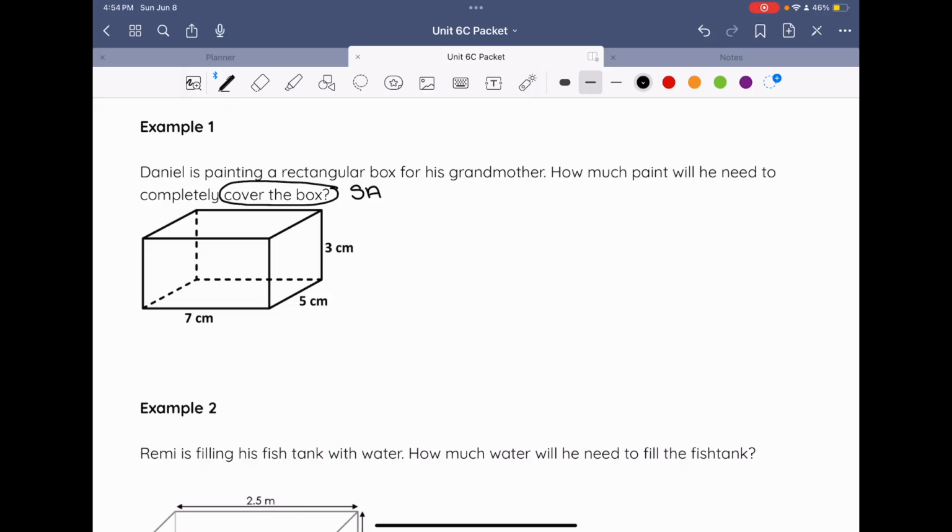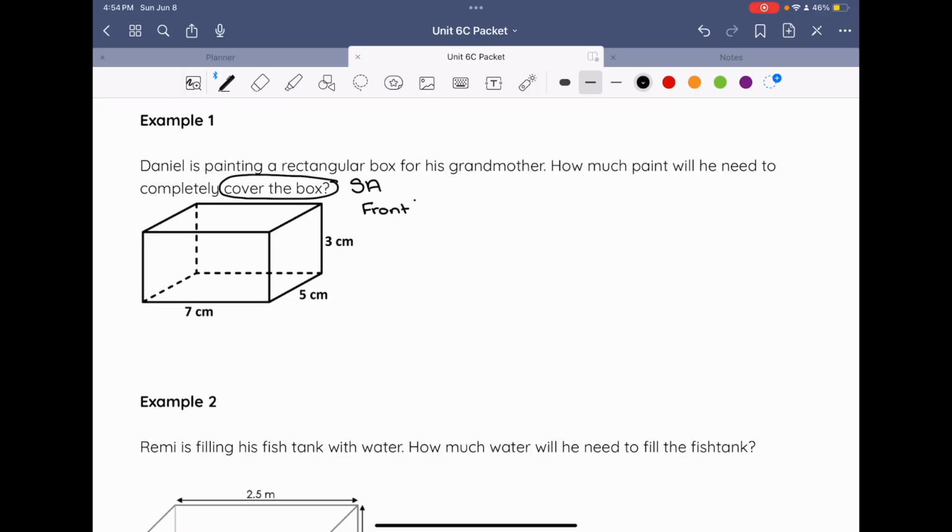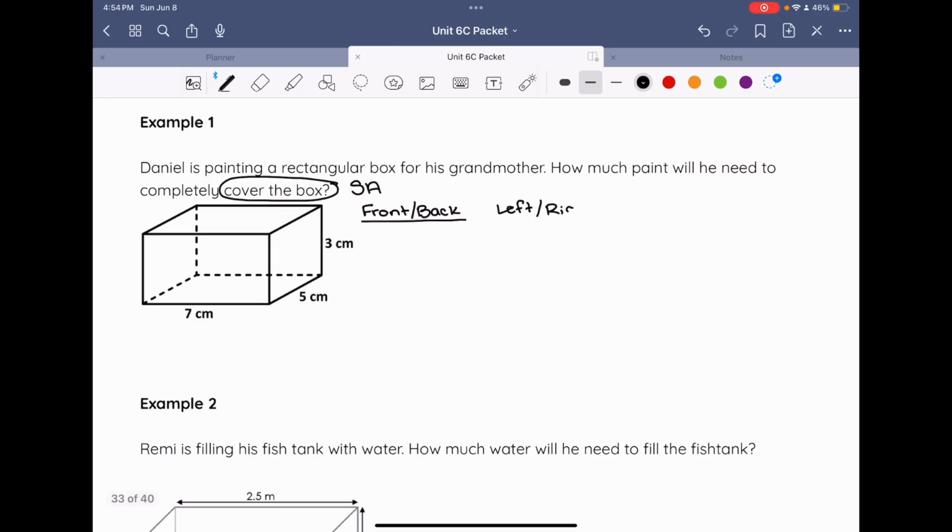So we're going to go ahead and set up our problem. We're going to find the area of the front and back. The left and right. Because this is a rectangular prism. And then the top and bottom.